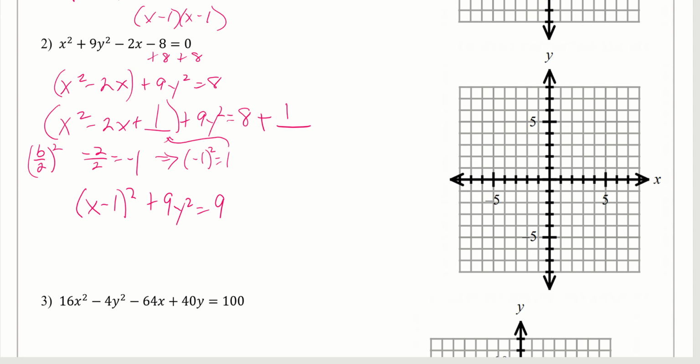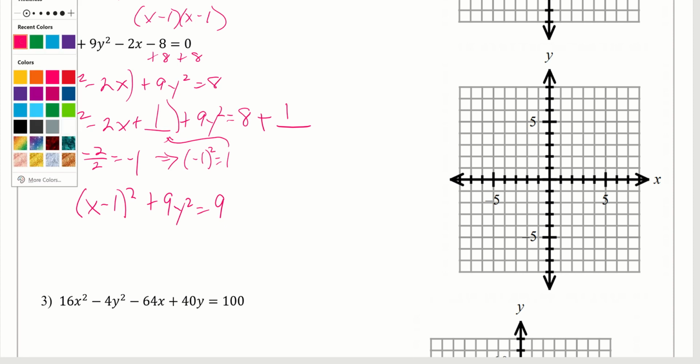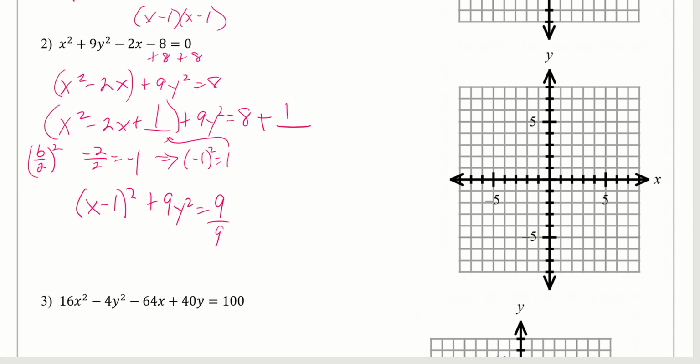Now a couple of things, we do now have an h value, okay? And the other thing is, if we notice last example, example 1, the coefficients out in front matched each other, where this time it doesn't, right? So I know it's no longer a circle, so what I'm going to do is get the right side to equal 1, so I divide everybody by 9.